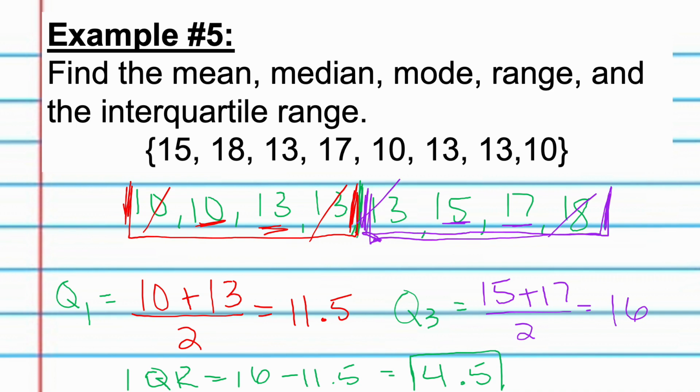And for quartile 3, we take our new second half, our upper quartile, and find the median of that. So it's 15 plus 17 divided by 2, giving us 16.